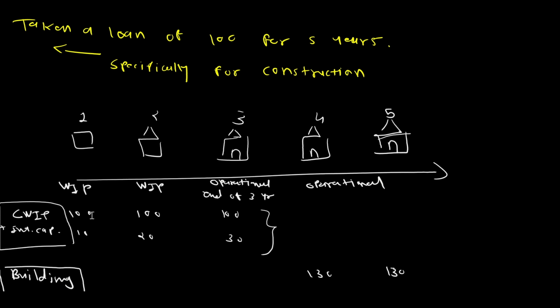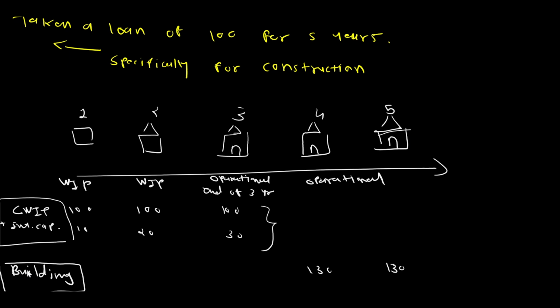I will show these on the asset side as capital work in progress plus interest capitalized. These both will show as an asset during the construction period, capital work in progress, and then when my building is operational from the fourth year, I will show it as a building asset, and this cost will be 130 rupees of both loan and interest, because I have specifically taken the loan for the construction period.